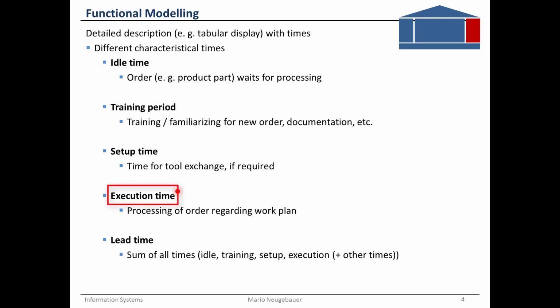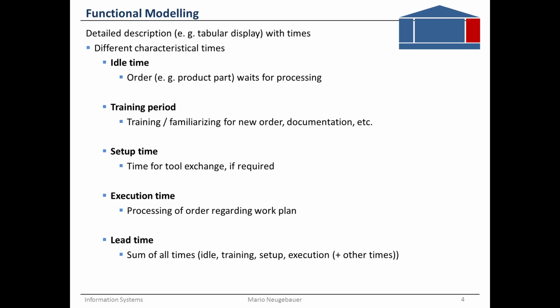Then you have the pure execution, the execution of the production. So if you have 100 pieces to produce, then the execution time counts for these 100 pieces which are produced for this order.